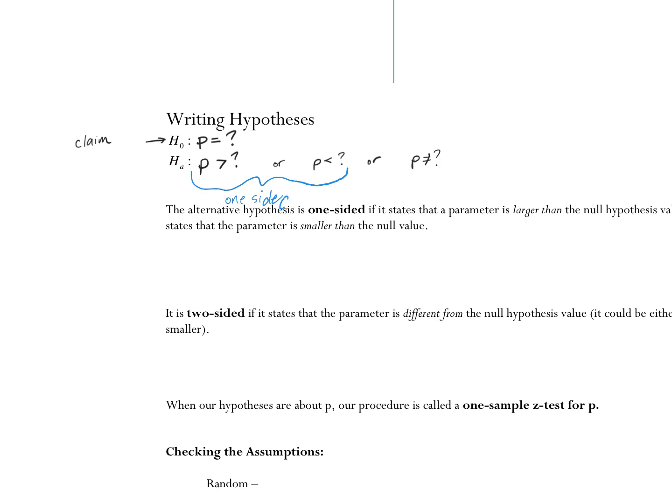Think of it as greater than is one side, less than is one side. And then when you have P is not equal to, that means greater than or less than. Do you guys get it? So that would be two-sided. Okay? I doubt we'll get to why we care about that today. We might get to why we care about that today. We'll definitely get there on Monday.